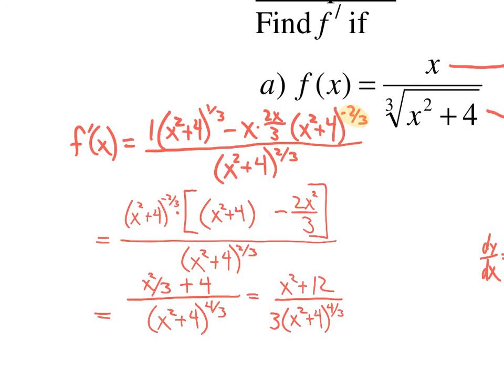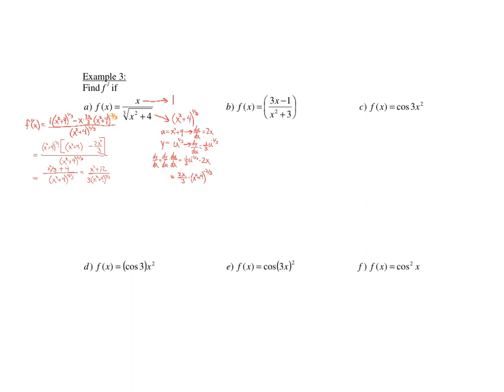All right, now I'm going to skip B for now. I want to look at C, D, E, and F. These are all very similar. But you've got to be careful to make sure that you're paying attention to your order of operations here.